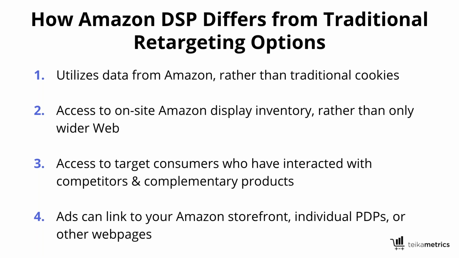And then the last one is ads can link to your Amazon storefront, individual product detail pages, or other web pages. What this means is there are many different funnels, or conversion points, I should say. If you're focused on retargeting, for example, we would want to drive that individual right to the product detail page, so that path to conversion is a lot shorter.